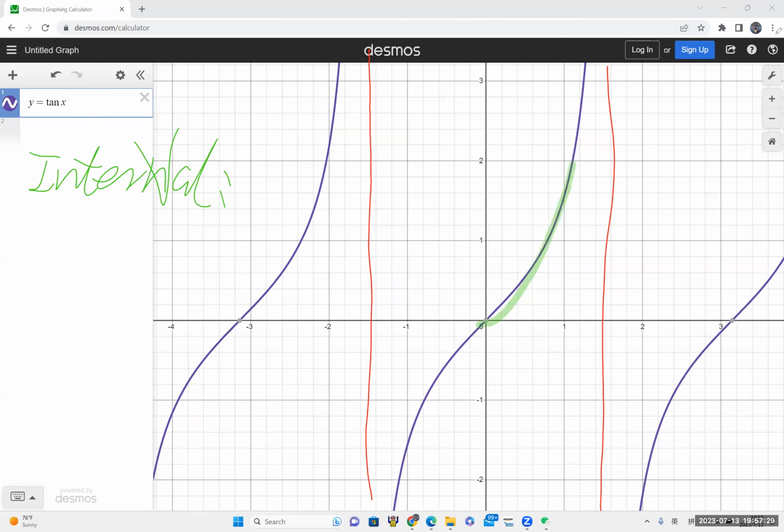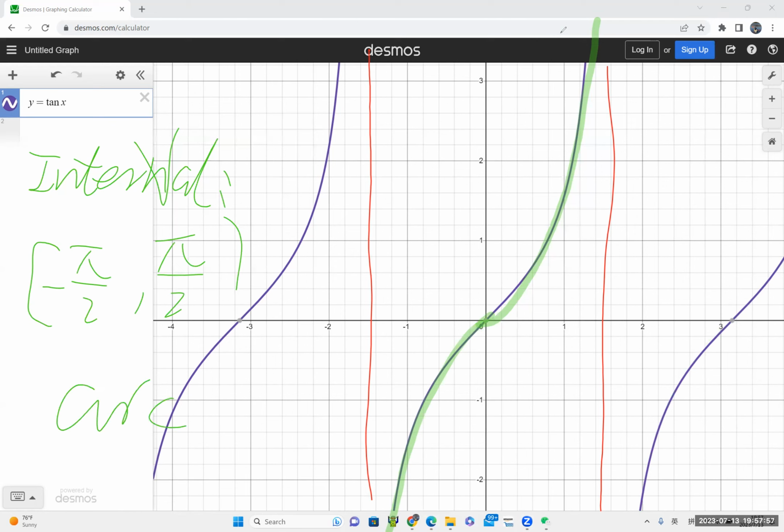That means this will always be included, right? We will not do it this way. If we use this, it's a continuous interval. So that means we choose from negative half pi to half pi.